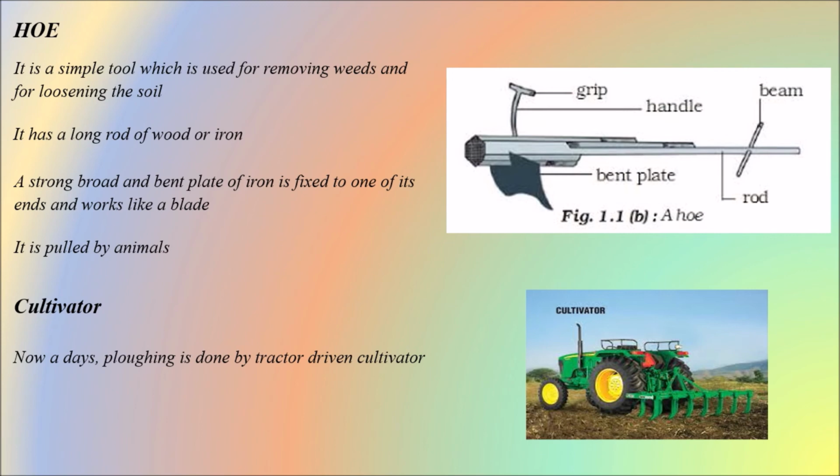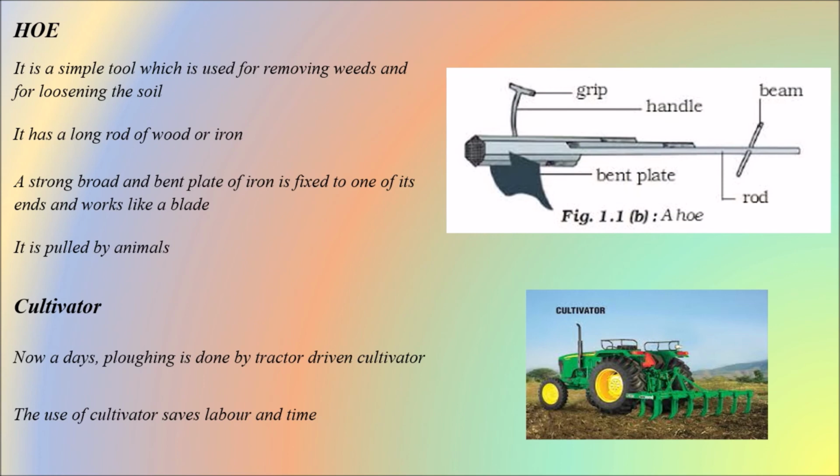What is the benefit of using a tractor driven cultivator over a hoe or a plough? The use of cultivator saves labor and time. Because of this, we can reduce the time of work and the labor also. That is the main benefit of cultivator.